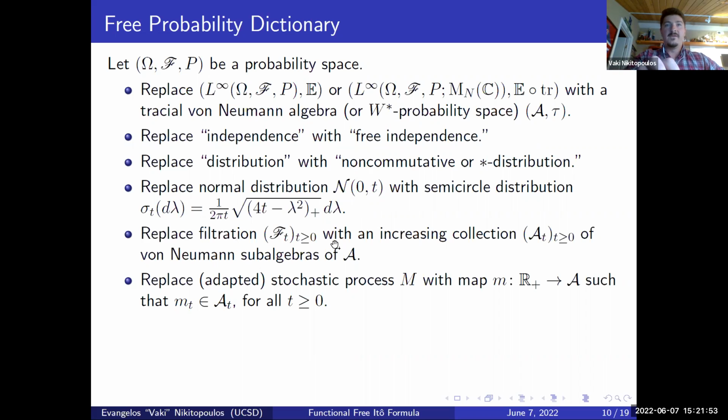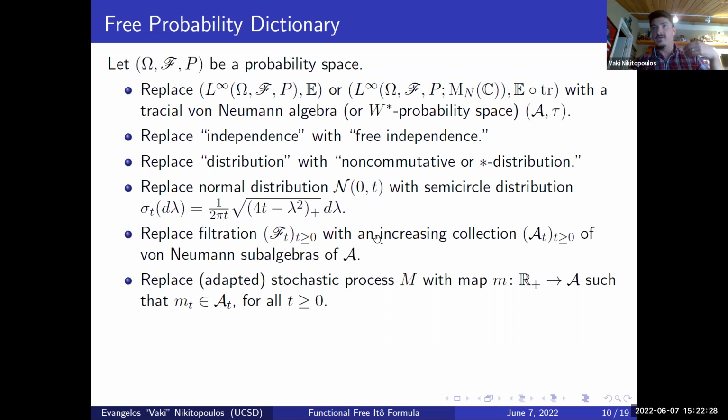If you have a filtration of your probability space, which we need to do stochastic calculus for adaptedness, we're going to replace that with an increasing collection indexed by R plus of von Neumann subalgebras of the underlying W star probability space. And then finally, we're going to replace our adapted stochastic processes M with maps from R plus to the von Neumann algebra, such that at time t, the map lands in the t-th element of the filtration.